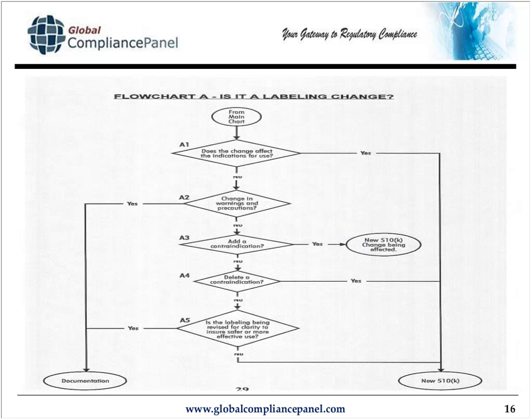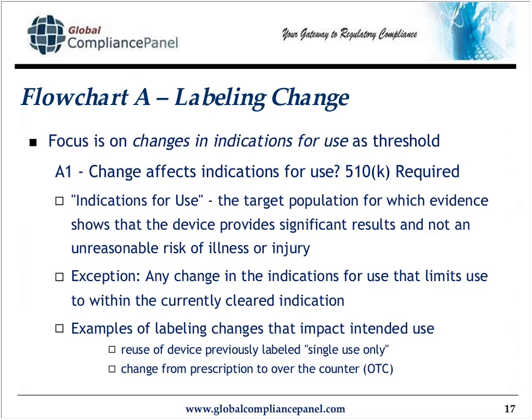So the question is asked, does the change affect the indications for use? Well, if it does, as you can see here, yes to the right, you need to submit a new 510K. And the indications for use, here's a definition, and it's pretty much the target population. So anytime you change the target population, you do need to submit a new 510K with the following exception, as it says here, if you limit the use.